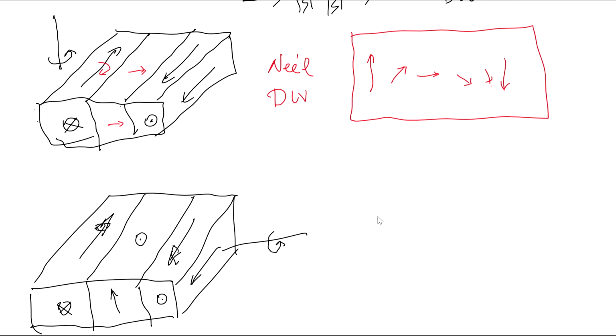It's hard to illustrate, but if we look along this axis, then magnetization is pointing this way, then it rotates. In the middle, let me draw it with a different color here. It points up. It rotates there, it points this way, and it then rotates, and at the end it points down this way.